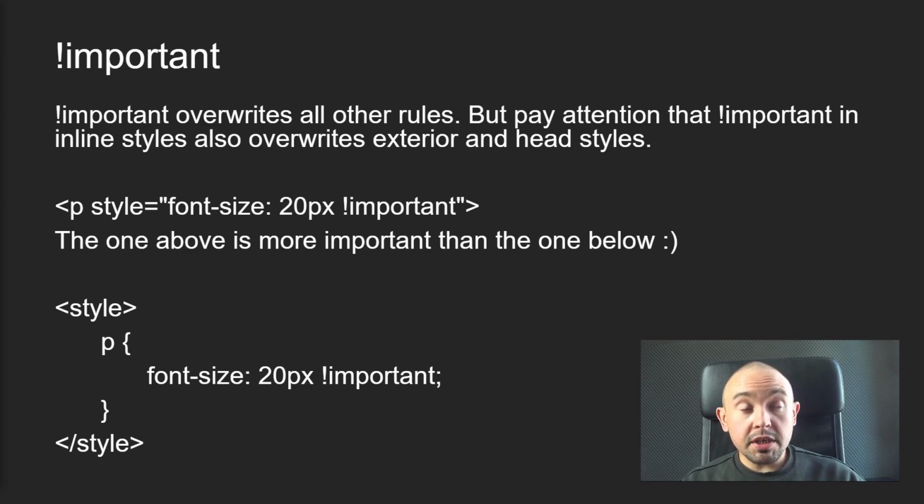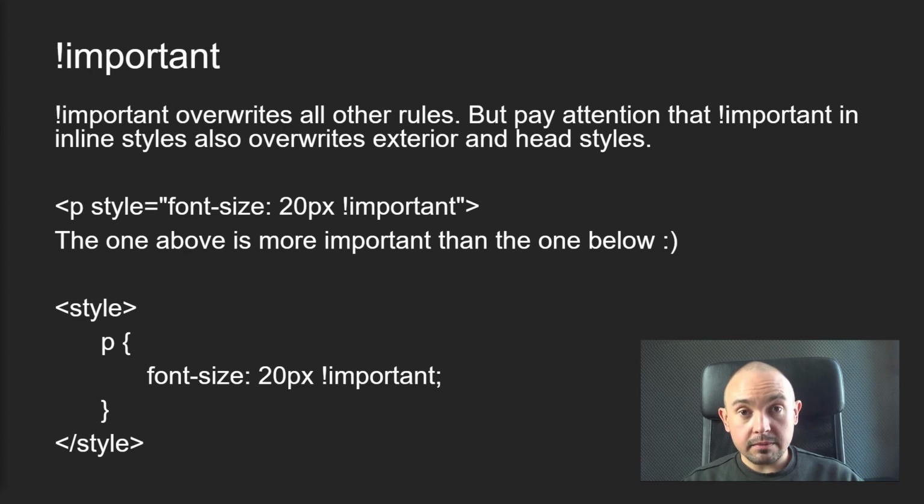If the keyword important appears in the external file or the style tag, and the same keyword important appears in the inline styles, then the one used in the inline styles has an advantage and will be taken into account. So remember that the inline styles are more important, but let's not write styles this way ourselves. The importance of the inline styles will matter to you in the future as you start learning JavaScript, which I totally recommend.